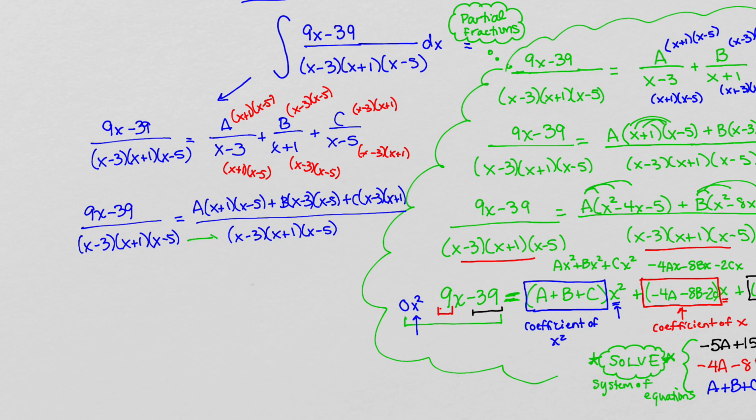Similarly, we note we have a common denominator right here on both sides. Both denominators match, and therefore, in the same fashion, both numerators must match, and that means 9x minus 39 equals A times x plus 1 times x minus 5 plus B times x minus 5 times x minus 3, sorry about that, plus C times x minus 3 times x plus 1.